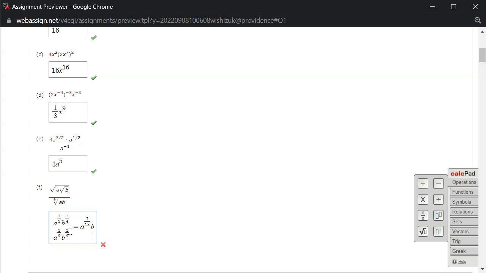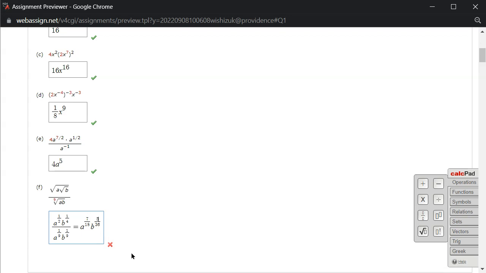So 1/4 is 9/36, and 1/9 is 4/36. 9/36 minus 4/36 is 5/36. So I'm going to raise b to the 5/36 power. So we have that.